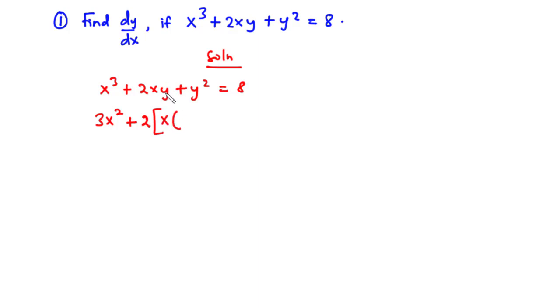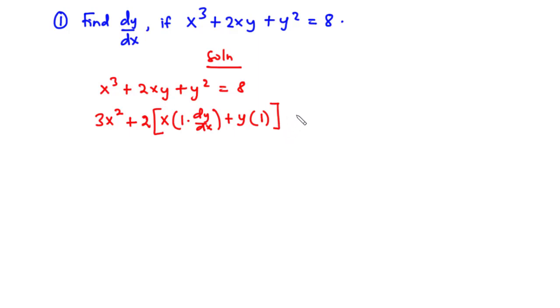When you differentiate y, you have 1, and because it is y we are differentiating, we multiply by dy/dx. So we have dy/dx, plus this time we maintain y and differentiate x. When you differentiate x, you have 1.